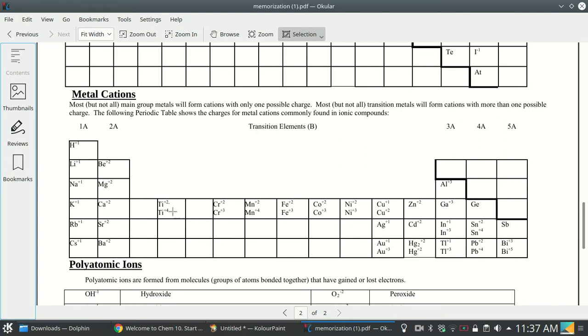Now, notice that some of these transition metals that we want you to memorize have two possible charges, and some of these post-transition metals are also like that. So, you will see Melissa Maribel naming compounds using Roman numerals to signify these charges.